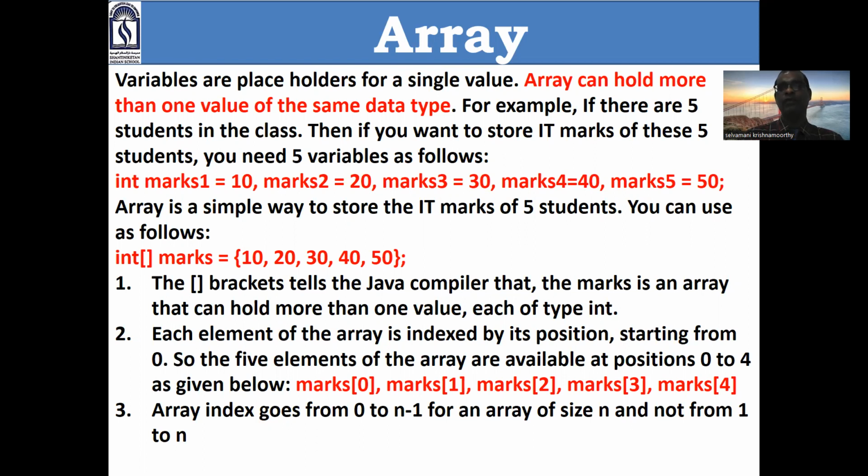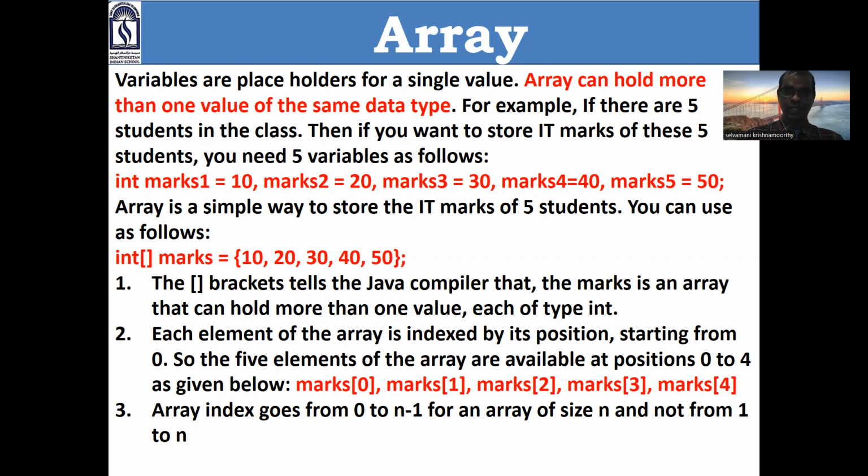For example, 5 integer values, 5 double values, 5 character values. Into an array, you cannot put one integer, one double, one char. All should be the same data type. So an array can hold more than one value of the same data type.